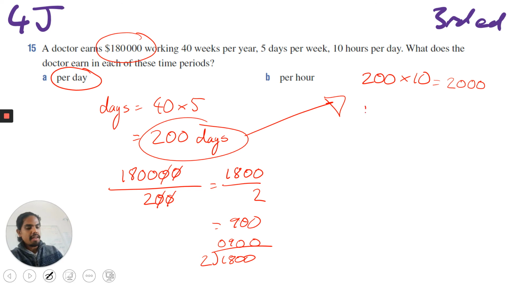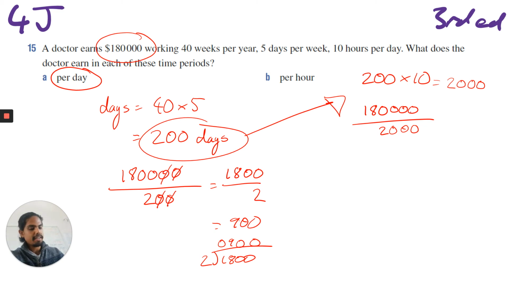I now want to know how much this doctor earns per hour, so I divide my total number of dollars by my 2,000 hours. Note that I'm just trying to keep my units lined up here as best as I can. Once again, we can cancel out these zeros.